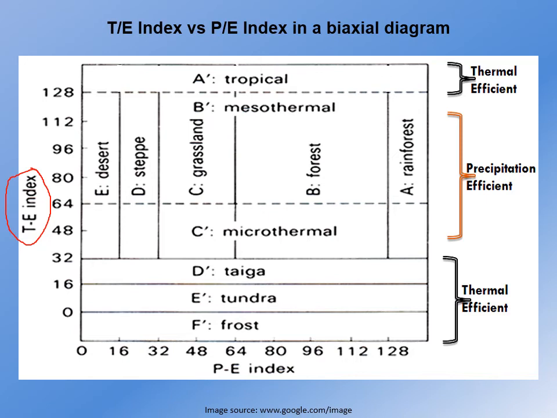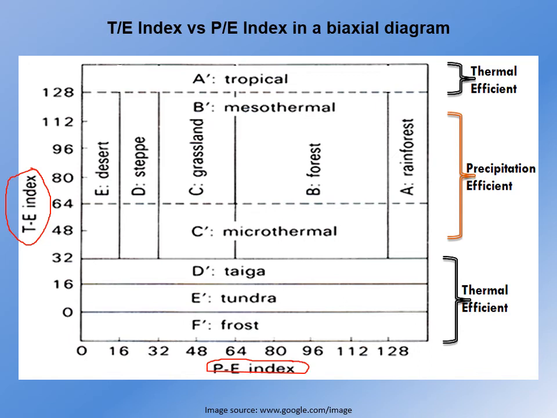And in the x-axis, Thornthwaite plotted the precipitation effectiveness index, and accordingly he found five different humidity provinces, that is the rainforest, forest, grassland, steppe, and desert condition.